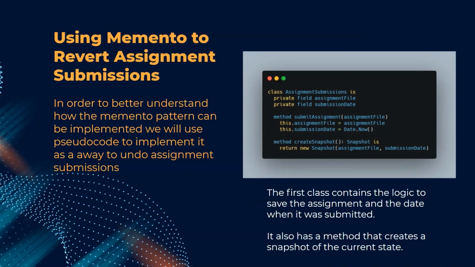So in order to do that, we would need an assignment submissions class, which is responsible for storing the assignment file alongside the date when the student submitted the assignment. This can be seen in our little pseudocode on the right.